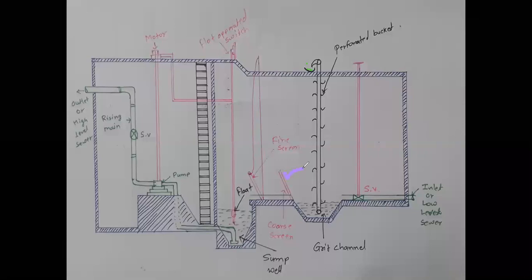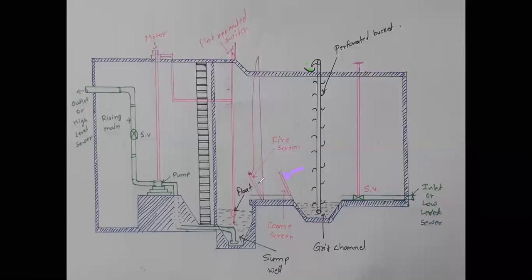Here you can see this is a coarse screen. Screening is simply used to remove the larger size particles. So coarse screening means an arrangement for removing larger size particles is made here, so it will not allow the larger size particles to flow further through this pipe.